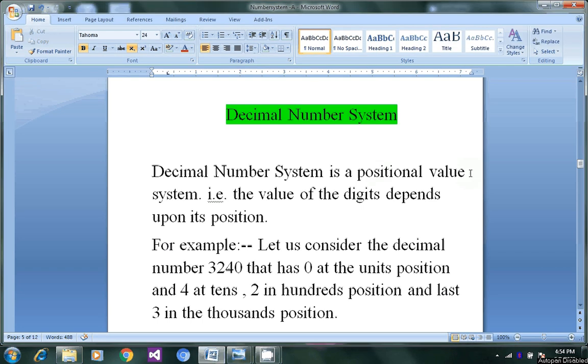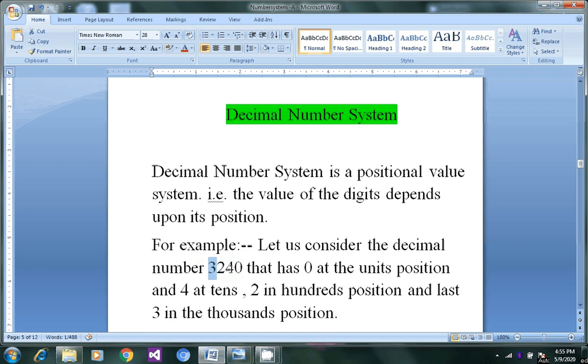All of you see here, positional value system. That is, the value of a digit depends upon its position. For example, let us consider the decimal number 3240, which has 0 at the unit position, 4 at the tens position, 2 at the hundred position, and 3 at the thousand position.